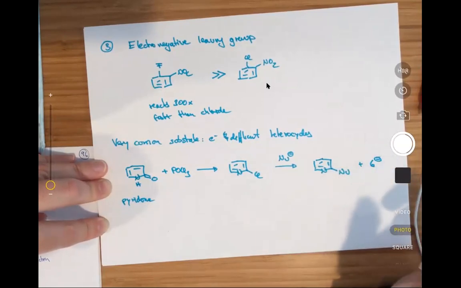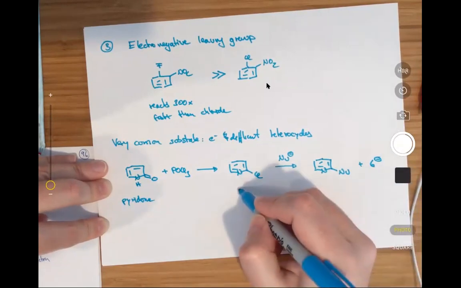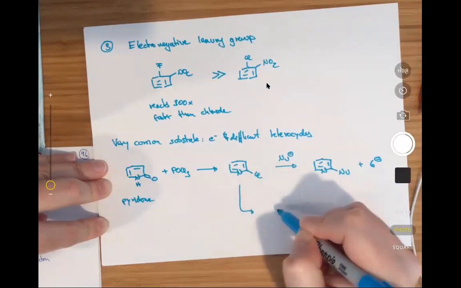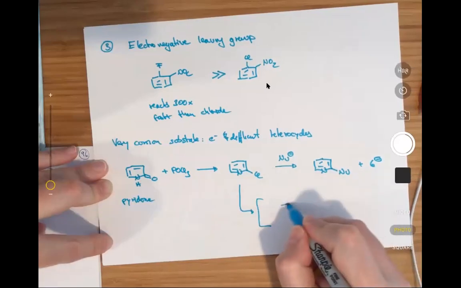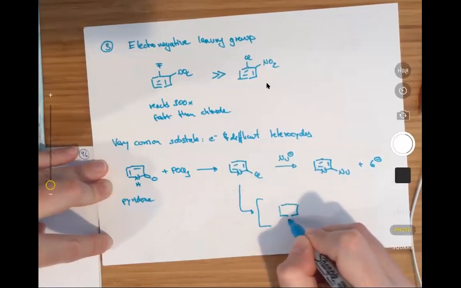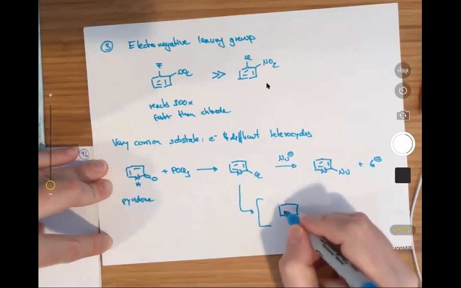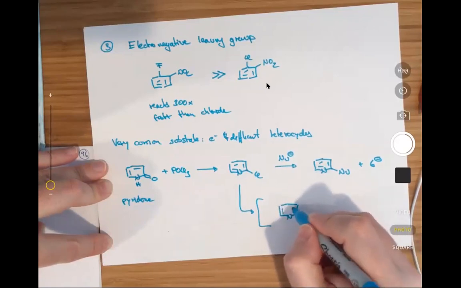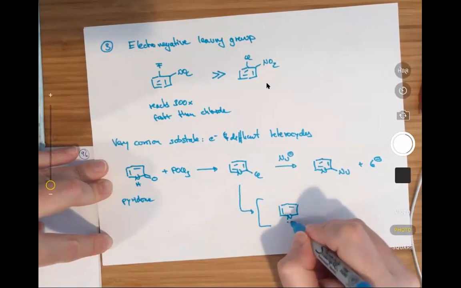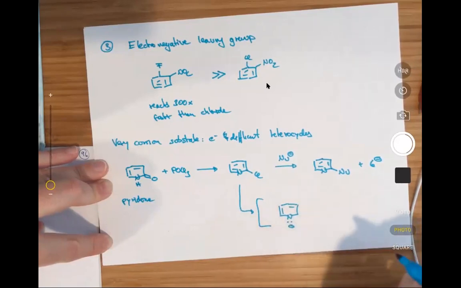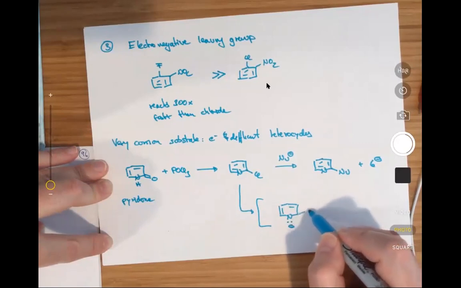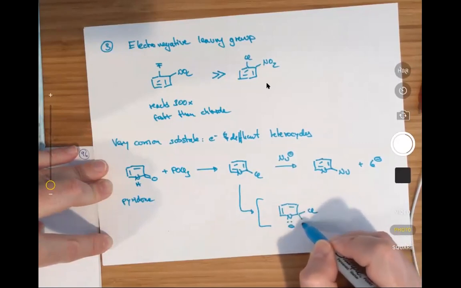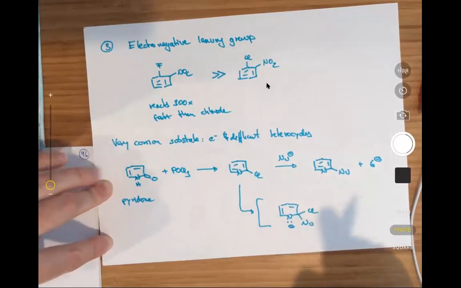Now, the reason that this works quite nicely, you can think about it this way, is that if you were to draw the resonance structures out for this, you can place the negative charge directly on the nitrogen atom, the most electronegative element in the ring system. And you have the leaving group here and the nucleophile right next to it, right?